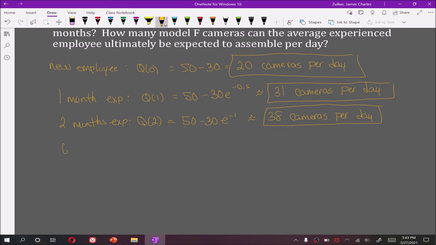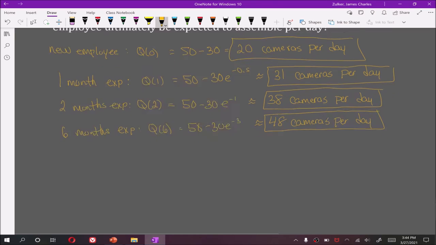Let's now jump to 6 months experience. That's 50 minus 30 e to the negative 3. And this will be about 48 cameras per day. Now we want in the long run.